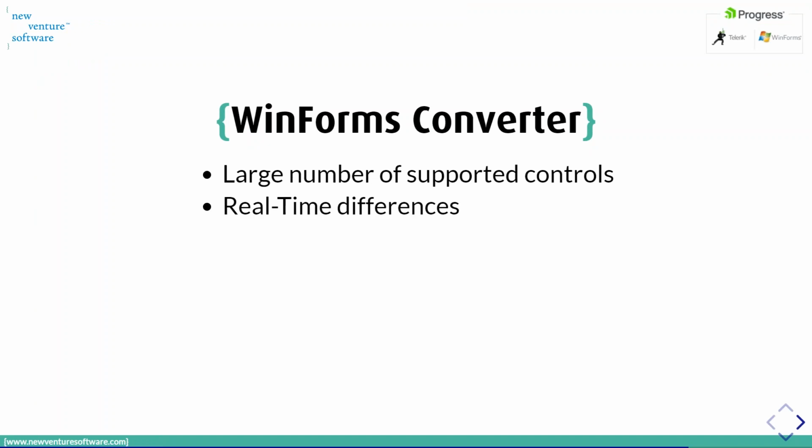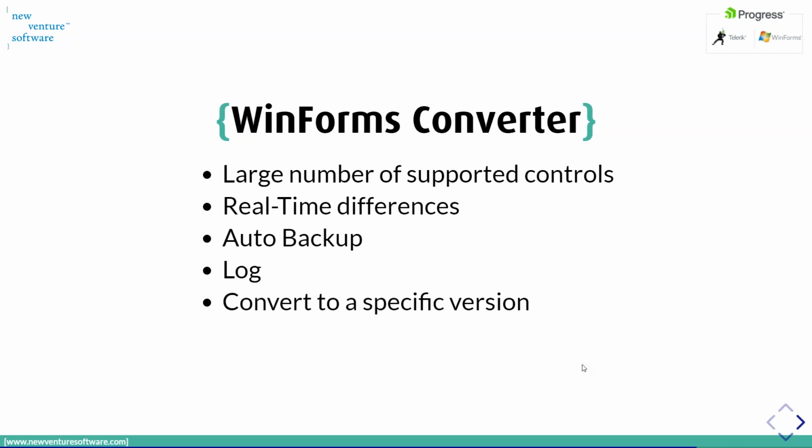And it will give you the real-time differences. So it will create a backup for you and give you a log file saying what it has changed. So it's a very nice tool. And also you can use the converter to convert to a specific version. Both C# and Visual Basic are supported, and yeah, that's great.